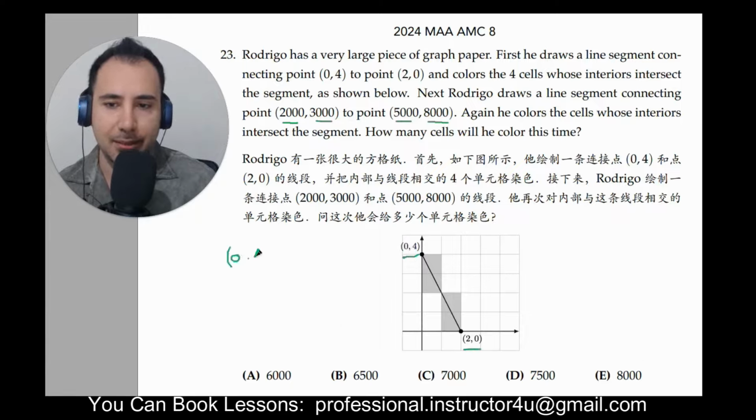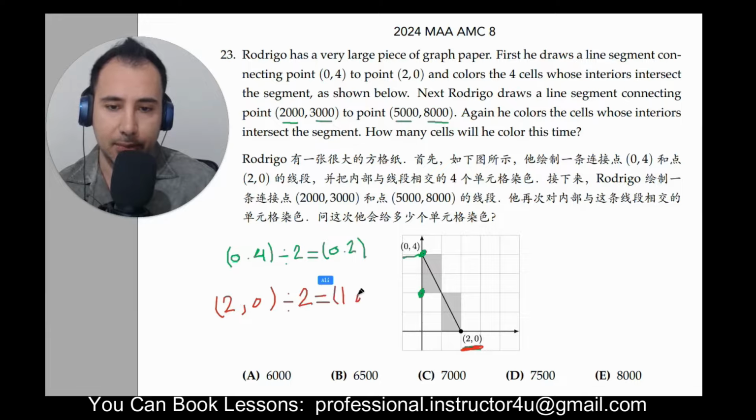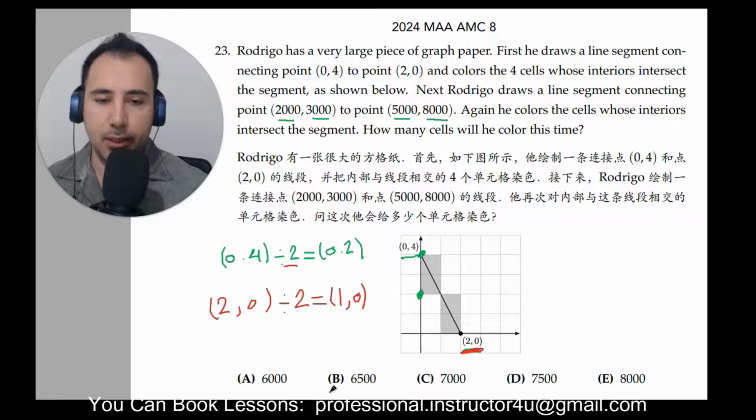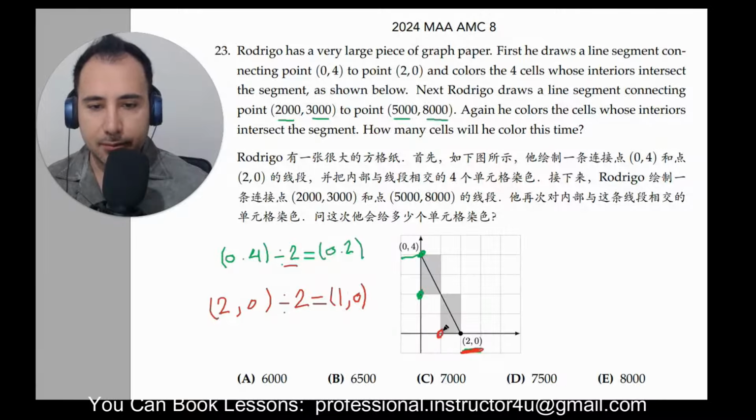If I divide both of these values by 2, I'm going to get 0 and 2. So this point, if I divide it by 2, becomes this point. Now let's go by this one. So again, I have 2 and 0. If I again divide it by the same number, I'm going to get 1 on x and 0 here. So this point becomes this, right?